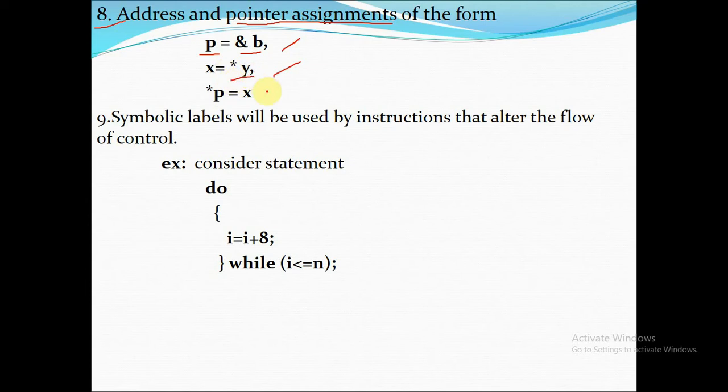Here y is a pointer, so the value at the address held by pointer y is assigned to x. Here x is an individual, single, ordinary variable. Next, value at p is equal to x. That means an individual variable value x is going to be assigned to the value at this address p. Such statements are also valid in 3-address code statements.